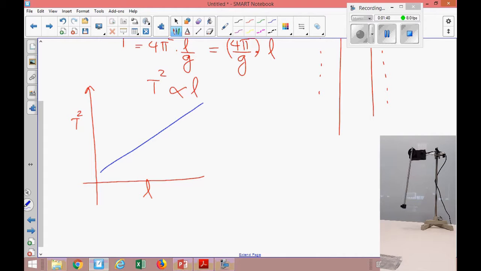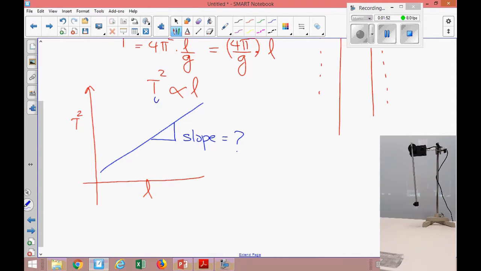Once I fit this to a straight line, the computer can give me the slope. And what will the slope represent? Can you guess? Look here. I plot this on the y-axis and this on the x-axis, and we know our equation y equals mx. So y is T squared, and here we have 4 pi squared divided by g times x.